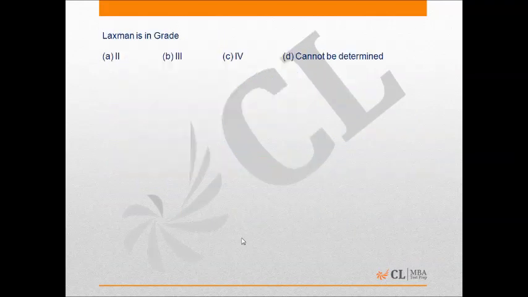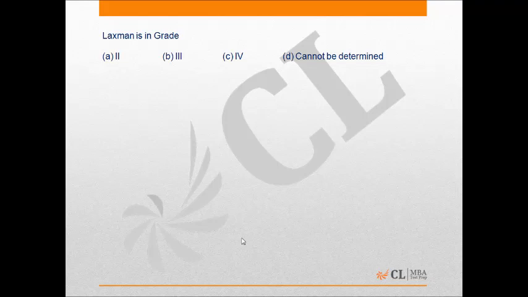Now coming to the question, the first question is asking the present grade of Lakshman, or Lakshman is in which grade. Before answering this question, we need to understand whether it is possible to compute it or not. It would depend on whether the maximum point that Lakshman can score along with the minimum point lies in the same grade or not.